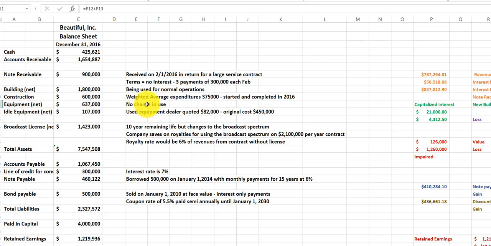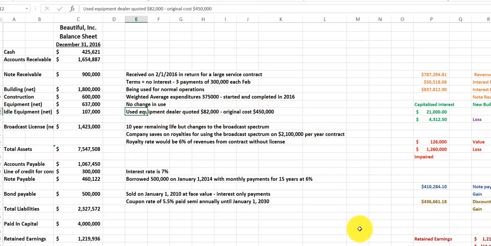Equipment, no change in use, so we don't need to worry about that. We continue to use the depreciated cost. Idle equipment, the definition of idle means it's not working, therefore its use has changed. We get a quote. We now have to look at it for impairment. We find out that we could sell it for $82,000.